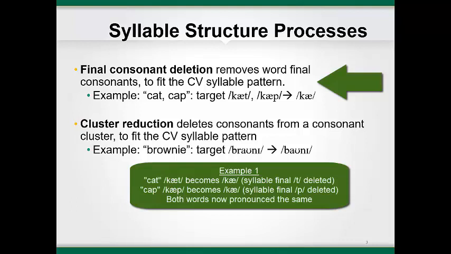Notice that applying this process to the word cap will result in both of these words being pronounced the same. So like for many of these processes then, many words that are minimal pairs for an adult would become homophones for the child applying this phonological process.